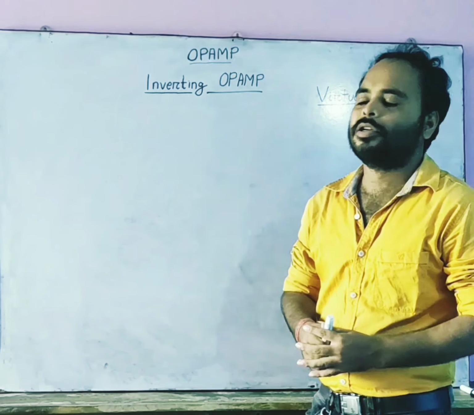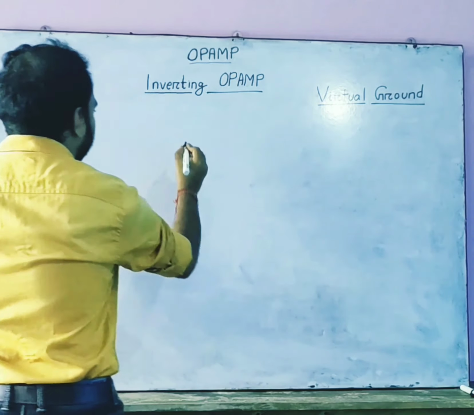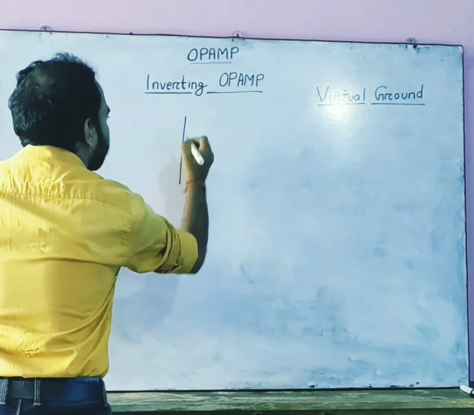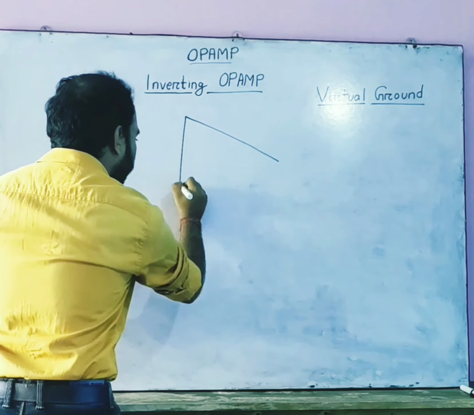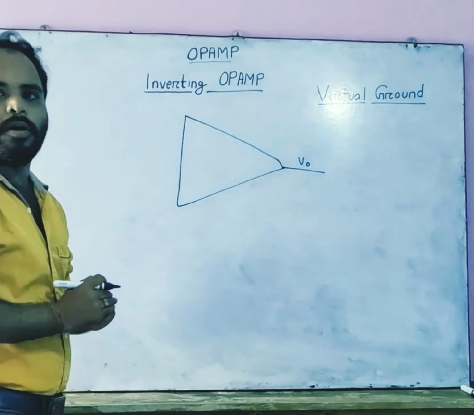Let us discuss the circuit of the inverting op-amp. Here, let us take the two terminals and let V0 be the output.